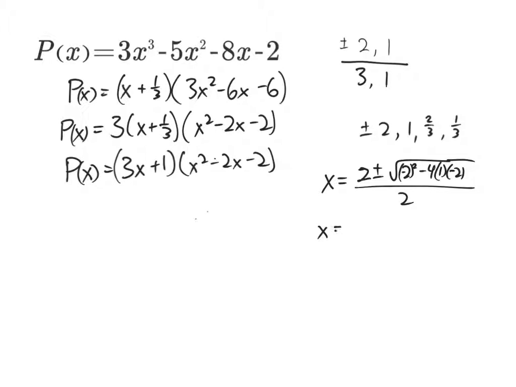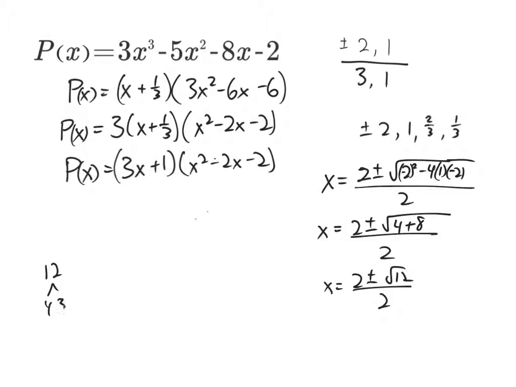So this gives me x equals 2 plus or minus the square root of 4 plus 8 over 2, which gives me 2 plus or minus the square root of 12 over 2. So 12 is going to be 4 and 3. That's 2 and 2, so 2 comes out. So this becomes 2 plus or minus 2 square roots of 3 all over 2, which then reduces to 1 plus or minus the square root of 3.